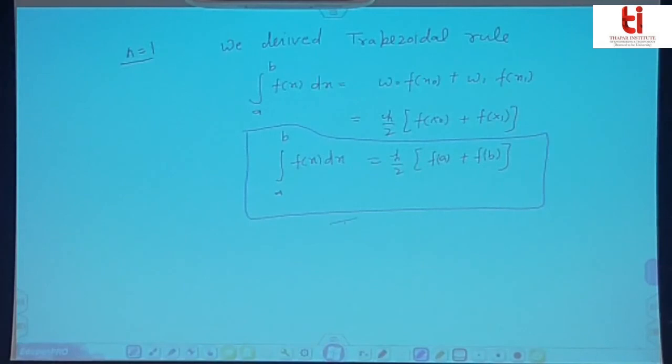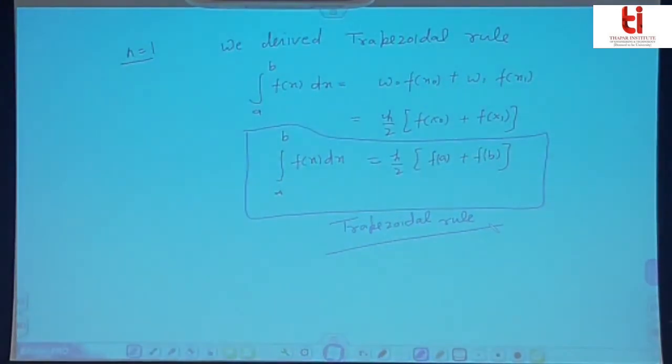This is the trapezoidal rule. Why trapezoidal rule? Because it shows the area of a trapezium, and on that basis we gave it the name.